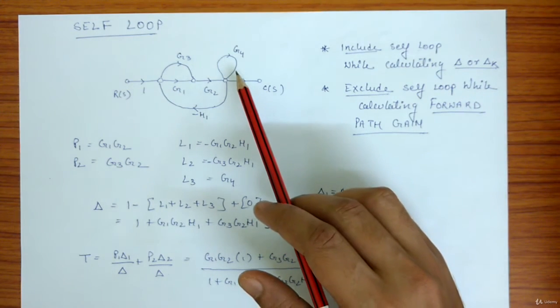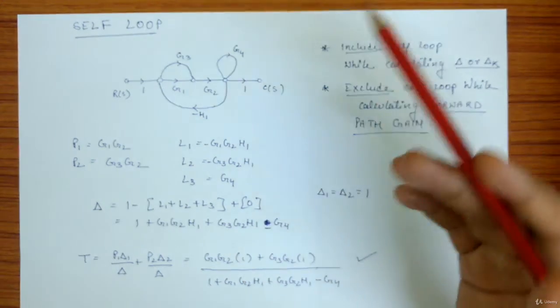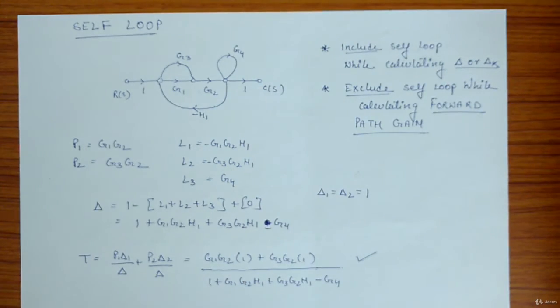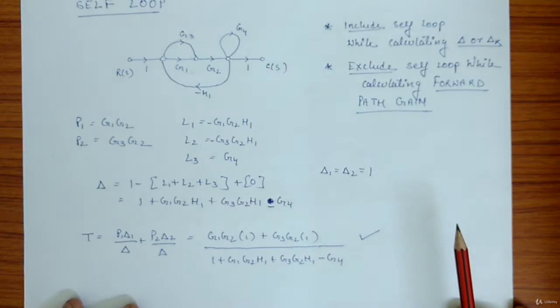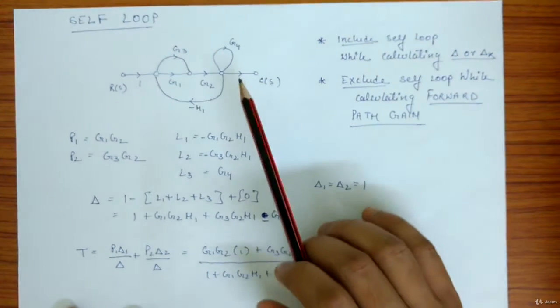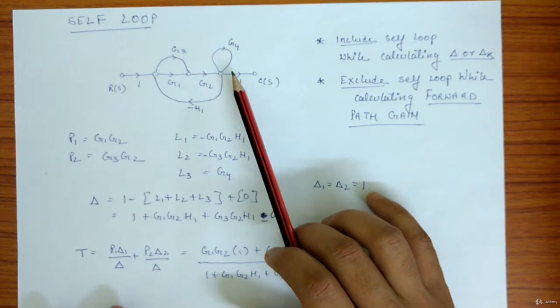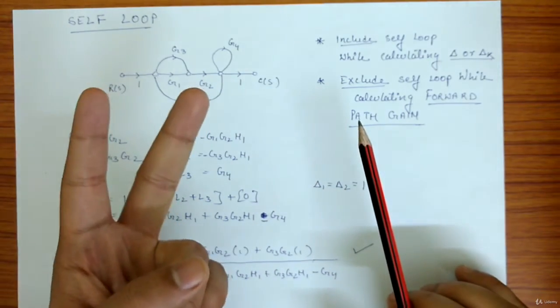And how to deal with self loop, how you want to write the transfer function, is as follows. Whenever you have this kind of self loops, you have to consider two things in your mind.